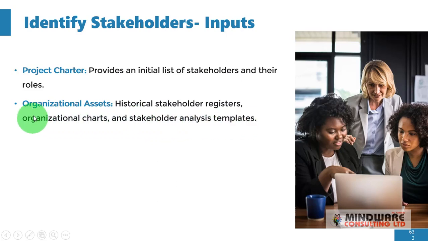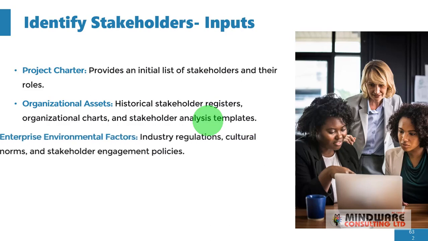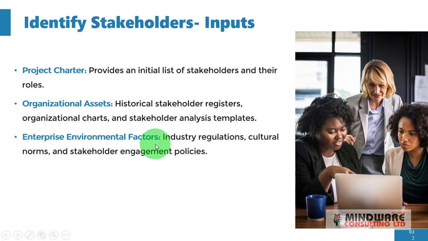Okay, so these will also come as input here, all right, for you to be able to identify the stakeholders that you're dealing with in this project. Enterprise environmental factors: so these are industry regulations, cultural norms, and stakeholder engagement policies. So those also will come as inputs in identifying your stakeholders.